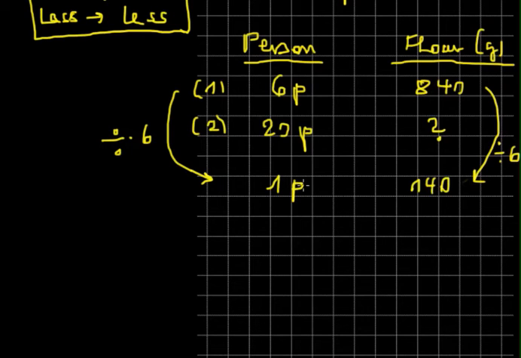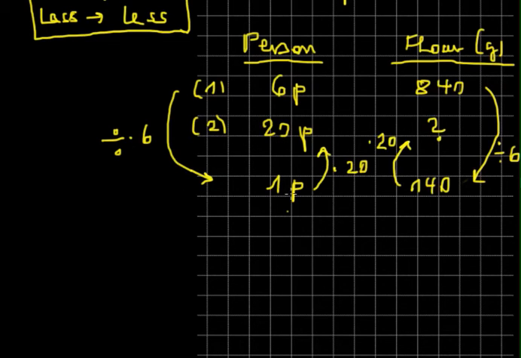And once you know how much you need for one person, you can then work out the amount of flour that you need for 20 persons by multiplying the result you have got here with the number that you have stated in your problem on the bottom left corner.